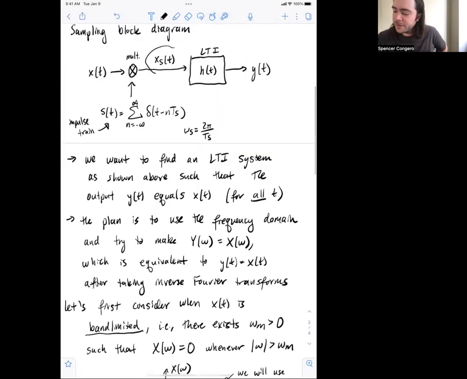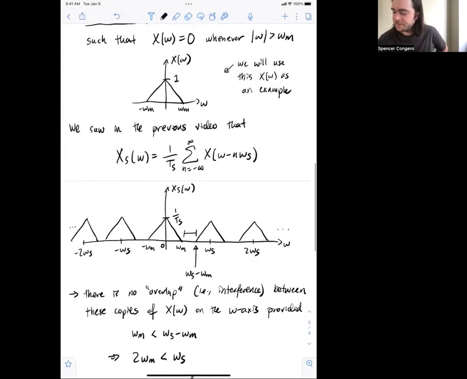So if I'm given the Fourier transform x sub s of omega, I want my output Fourier transform to just equal x of omega. What can I do? Well, look, if I'm given this, how can I create this out of it? I just want to get rid of all of these extra copies, just be left with this perfect one, and then just scale it by t sub s to make the height work out, and that would be exactly my x of omega signal.